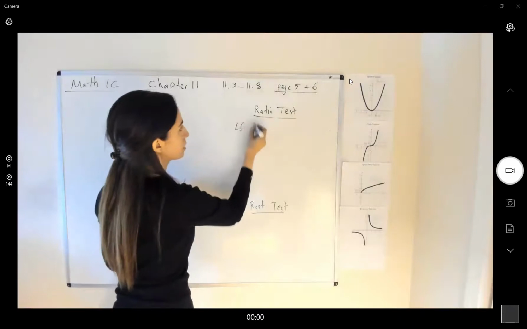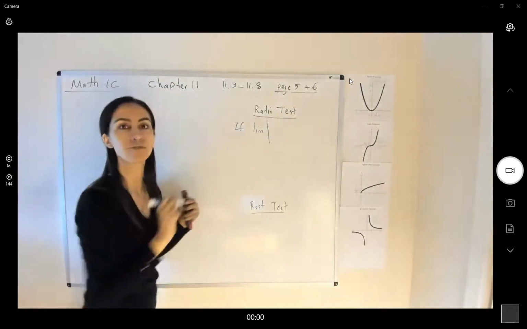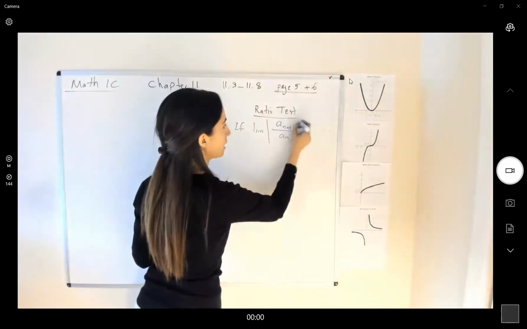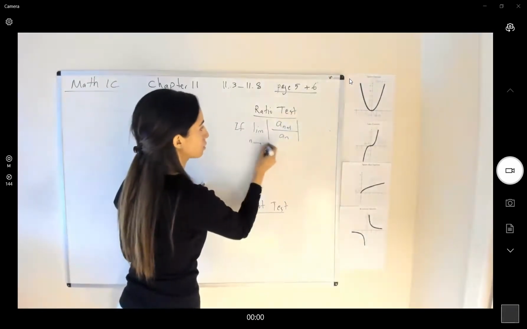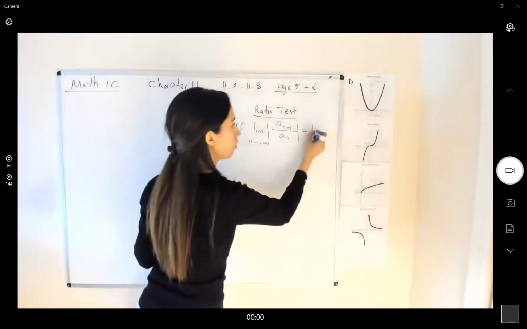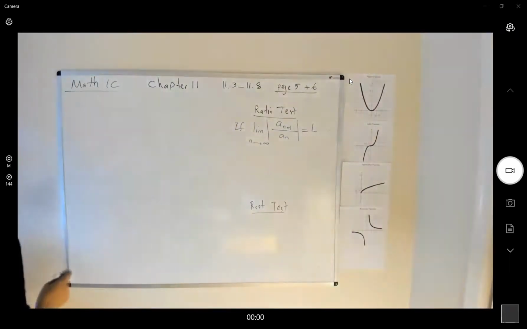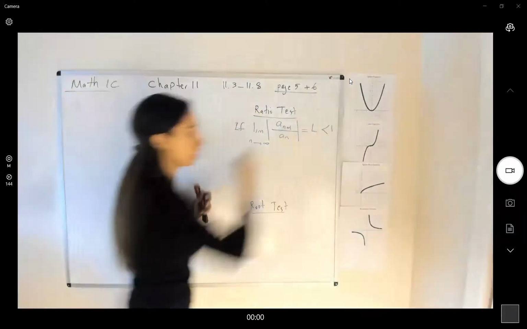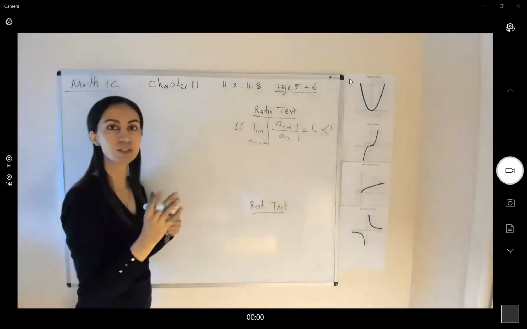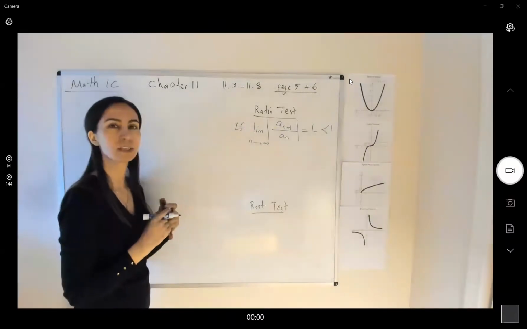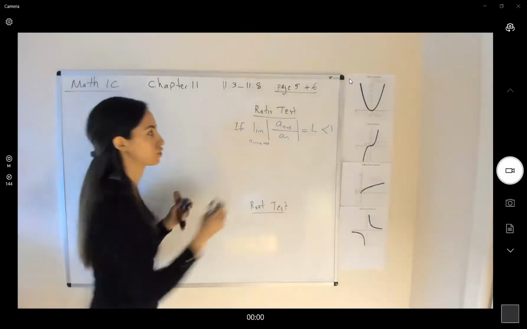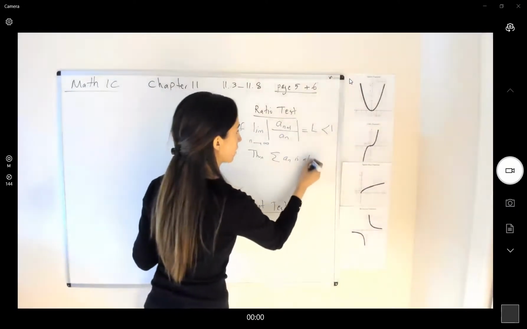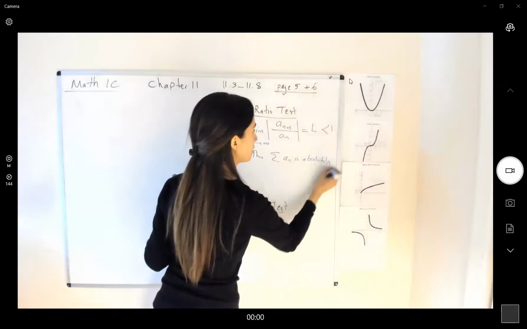If the limit of the absolute value of a(n+1) over an, as n goes to infinity, is equal to L, and L is just a constant, and L is less than 1, then you say that my series an is absolutely convergent.